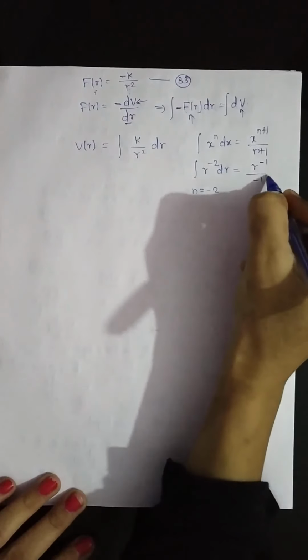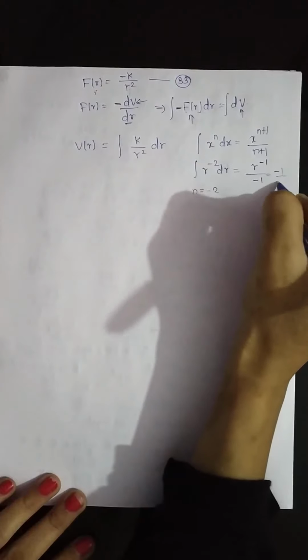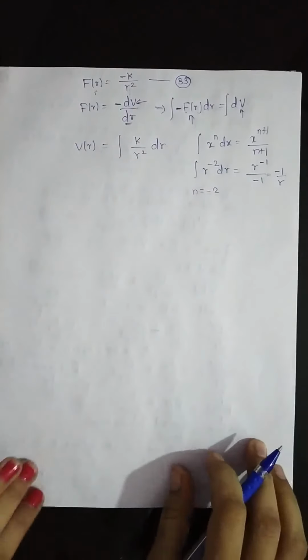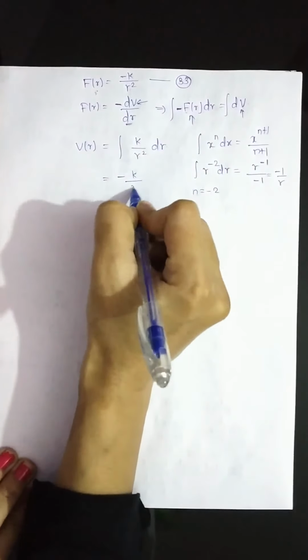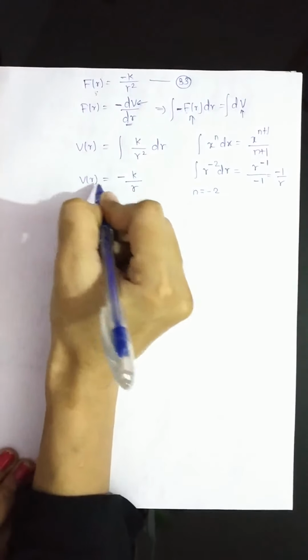So I can write this as minus 1 by r, right? So this integration will be equal to minus k upon r, which is our V of r.